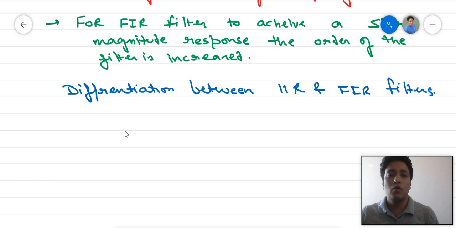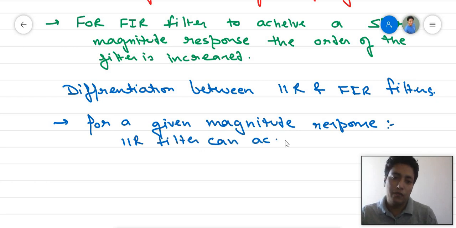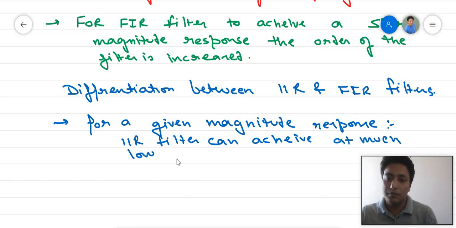Comparing both IIR and FIR filters, we get that for a given magnitude response, an IIR filter can achieve it at a much lower order.